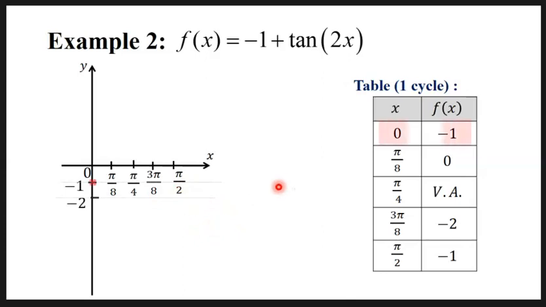We start with the first pair, (0, -1), (pi over 8, 0), the vertical asymptote, (3 pi over 8, -2), and lastly (pi over 2, -1). And now we can start to go on with the graph sketching. In this case, we can see that the graph will look something like this, where the point here at pi over 8 is guiding us to approach positive infinity.